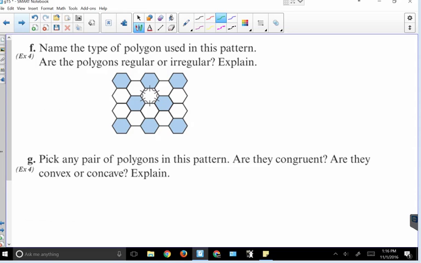Well, they'd have to be, right? I mean, there's no gaps between any of them that we can see. One side of one polygon looks like it's the side of the other polygon. So, are they going to be convex or concave? Convex. Okay.